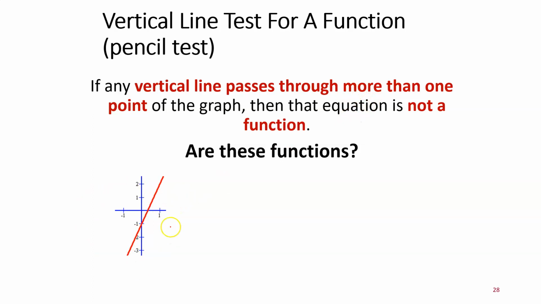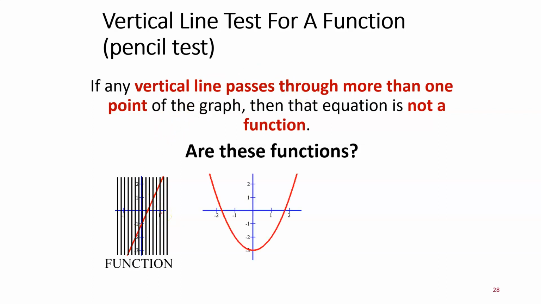So let's see, we have this type of graph. When you do a vertical line test or pencil test lah ni, kita buat dia garis panjang macam ni, garis menegak. So adakah dia potong lebih daripada passes through more than one point? No, kan? They just pass one.